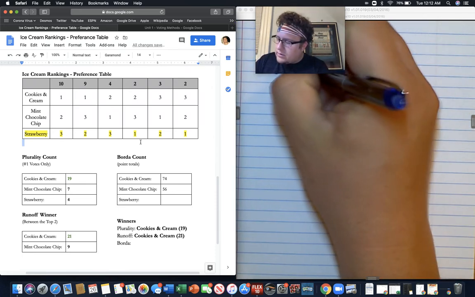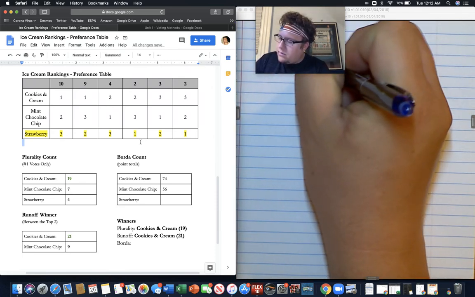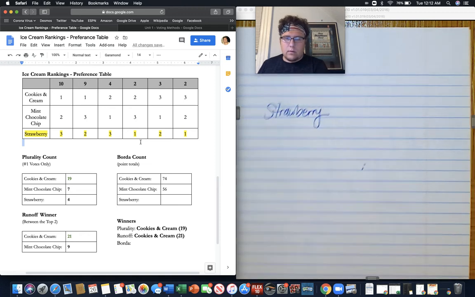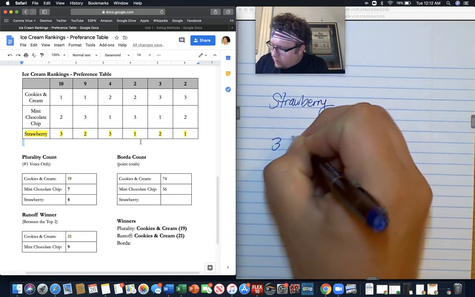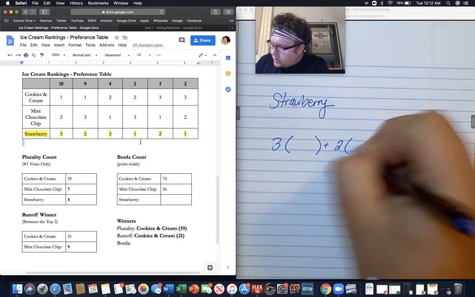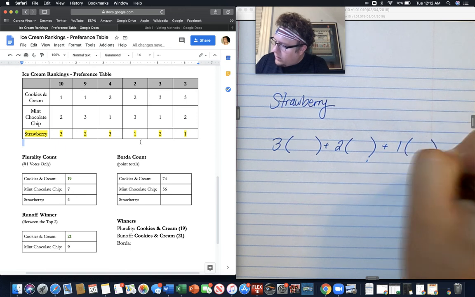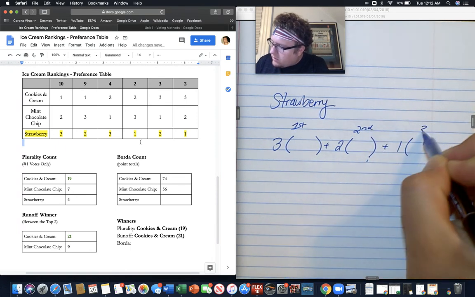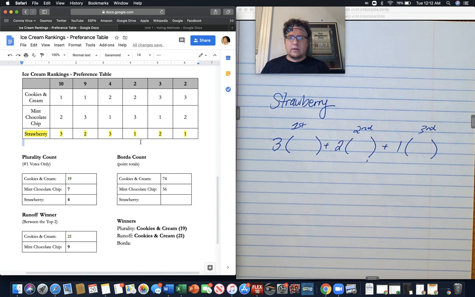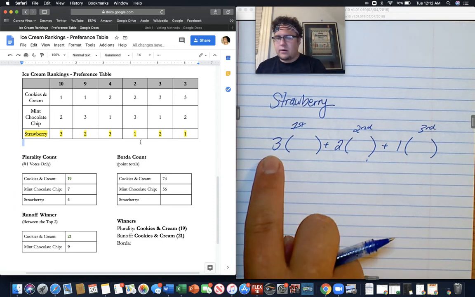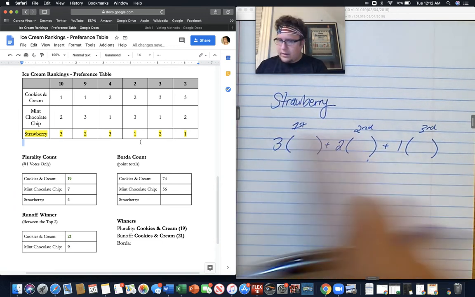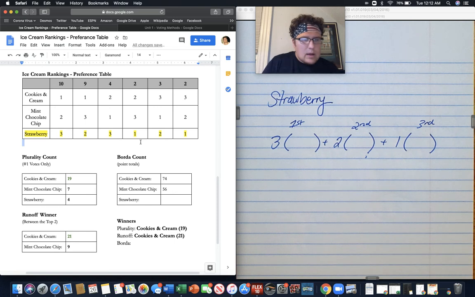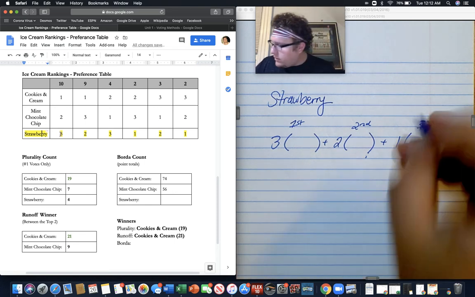So here we've got Strawberry, and we're going to do 3 points, 2 points, and 1 point. And again, this is first place, second place, third place. Right? So there is an inverse relationship there. Points go down, places go up. Okay, so these 10 people, Strawberry was their least favorite.